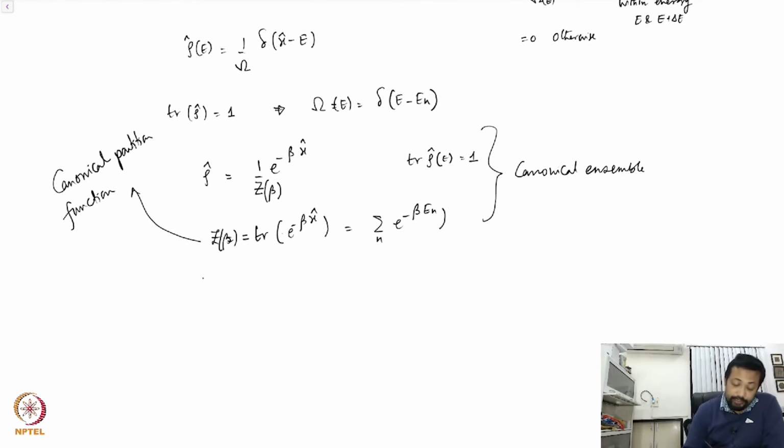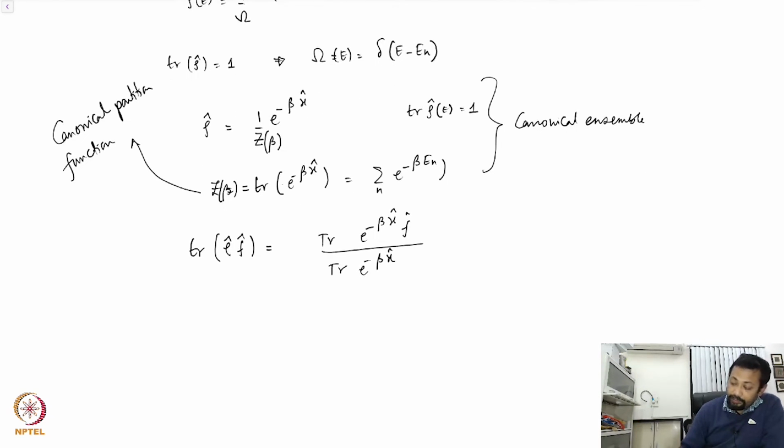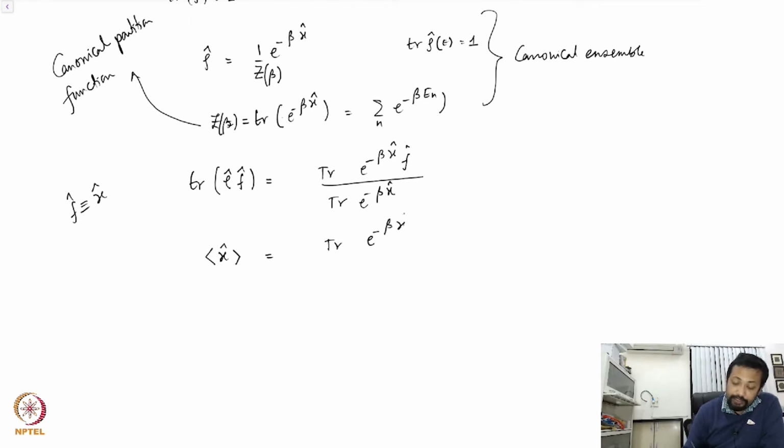The average of any physical observable f is trace of rho hat f hat, which is going to be trace of e to the power minus beta H hat f hat divided by trace of e to the power minus beta H. And if I want to calculate the average of the Hamiltonian, I substitute f hat as identical to H hat, which gives the average energy: trace of H hat e to the power minus beta H hat divided by trace of e to the power minus beta H hat, and which you immediately see is minus del del beta of the trace.